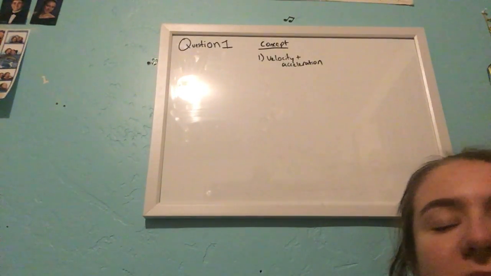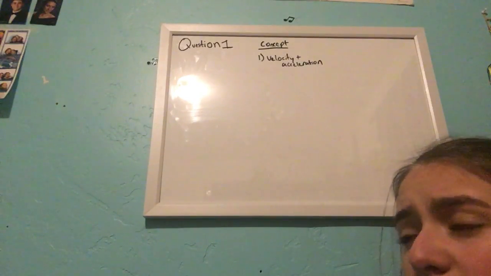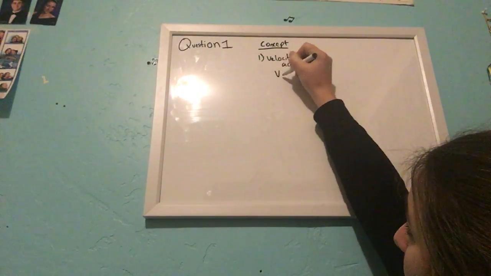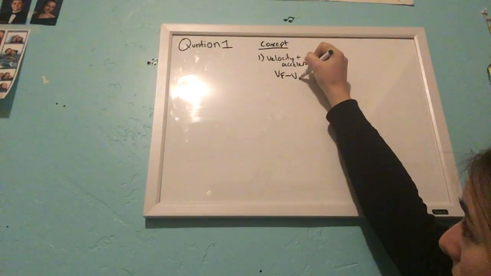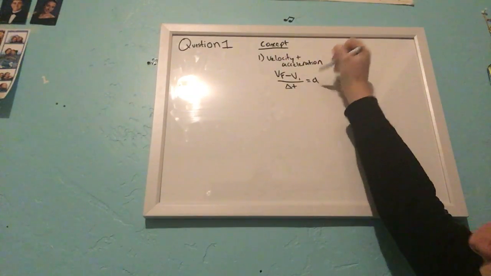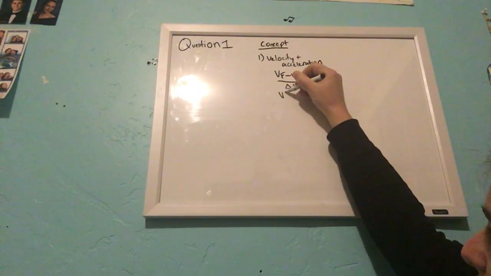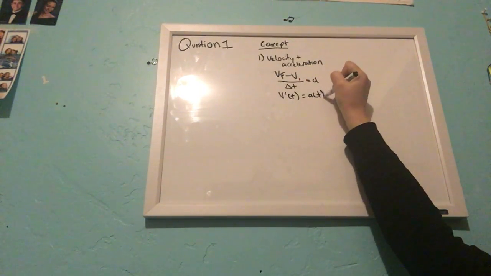So basically, acceleration is the rate of change of velocity with respect to time. So the rate of change of velocity, final velocity minus initial velocity over the change in time, is equal to acceleration. That means the derivative of velocity with respect to time is the acceleration.